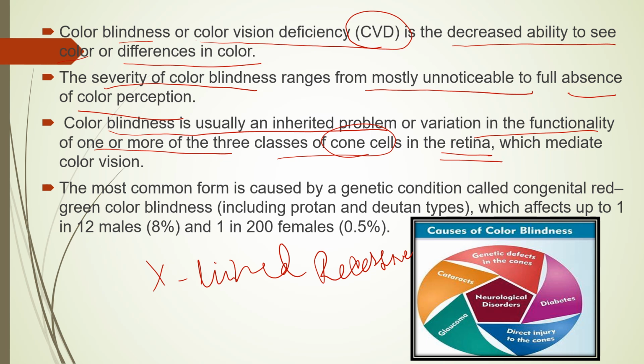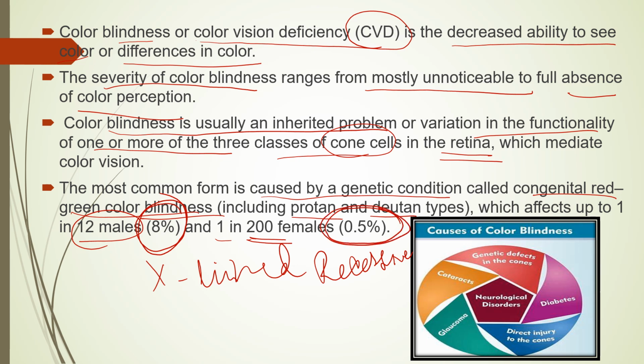The most common cause is a genetic condition called congenital red green color blindness. So what is the name of the disease? It is called congenital red green color blindness, including protan and deutan types, and it affects up to 1 in 12 males, that is 8% of males, and 1 in 200 females, that is only 0.5% of females.